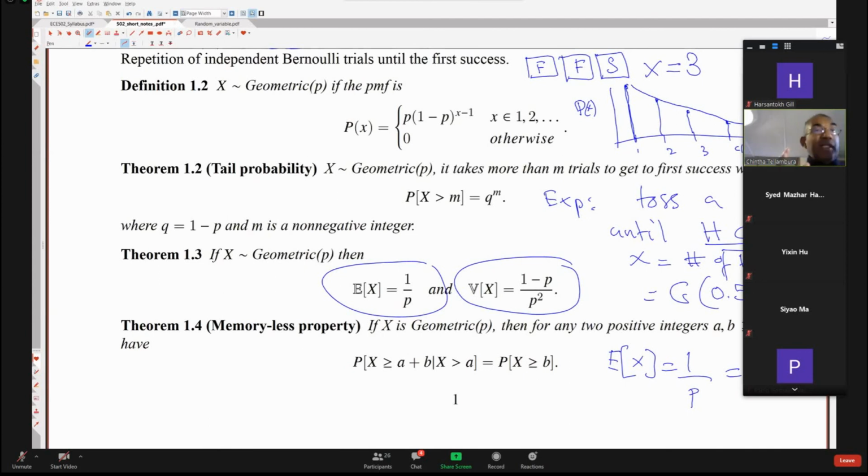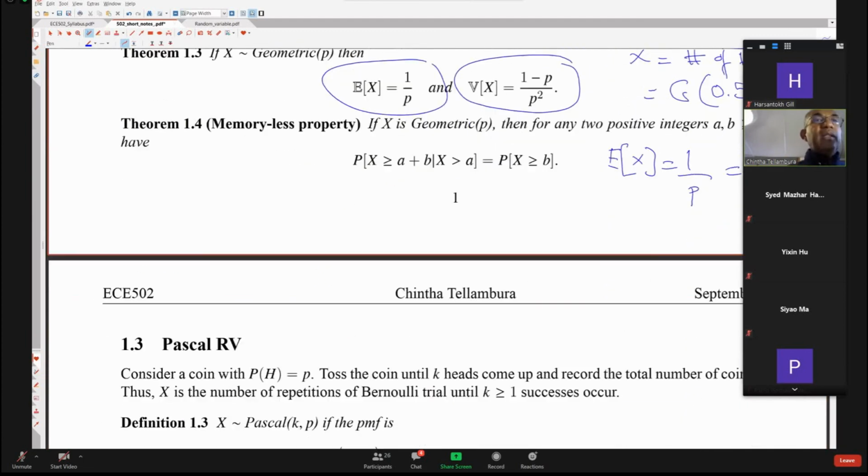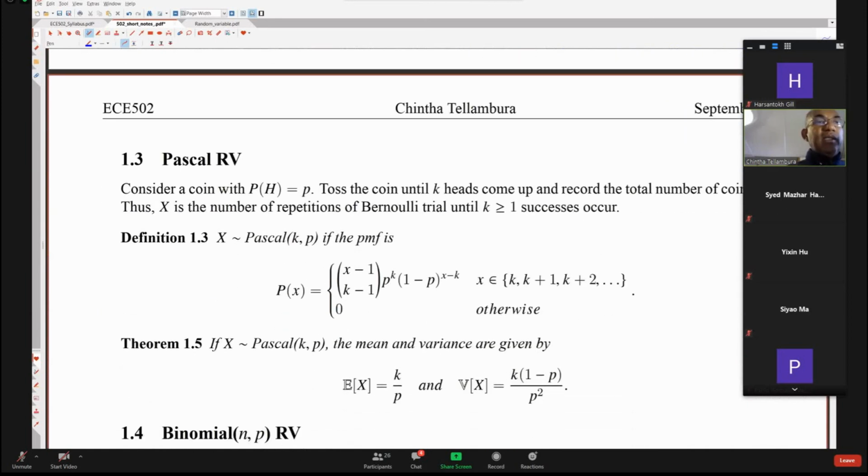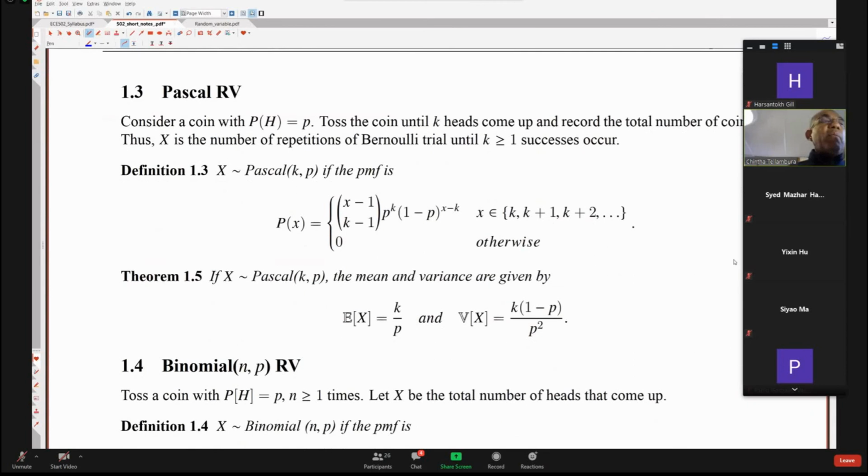Now there are a few other interesting properties. I don't have time. As I mentioned, we want to get into the most advanced stuff as quickly as possible, right? So the Pascal is the next random variable, this one. It is a generalization of the geometric random variable.